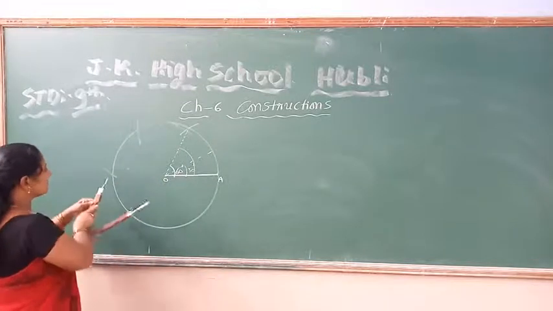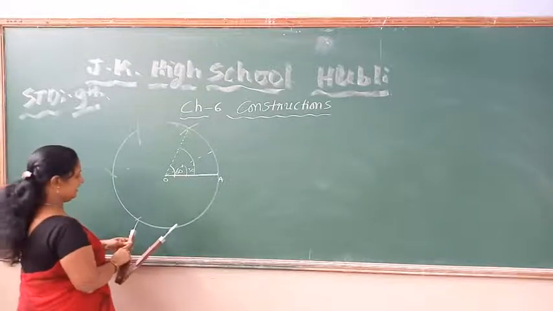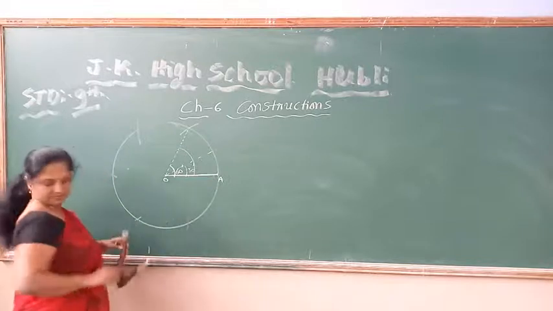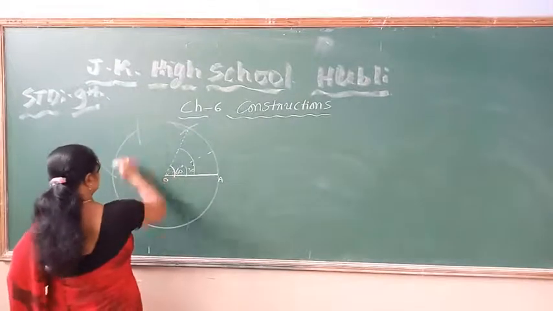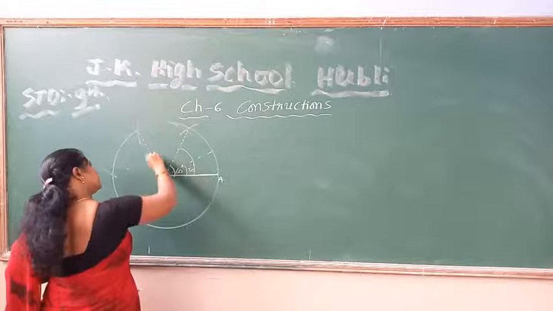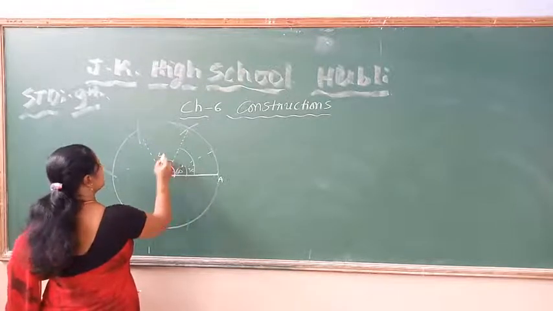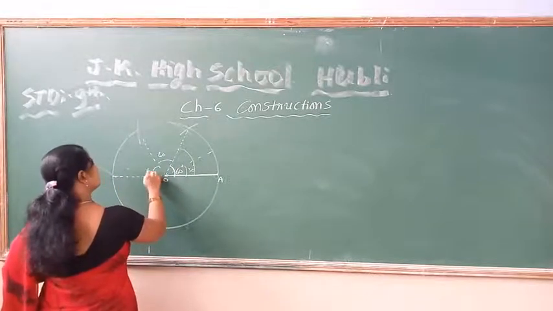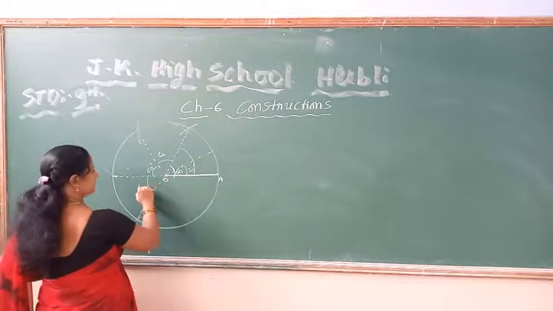So the whole circle is divided into 60 degree parts. How many? 1, 2, 3, 4, 5, 6. If you join these, this is another 60 degrees. If you join this straight line, it becomes 60 degrees. Now if I join here to here, it is another 60 degrees.